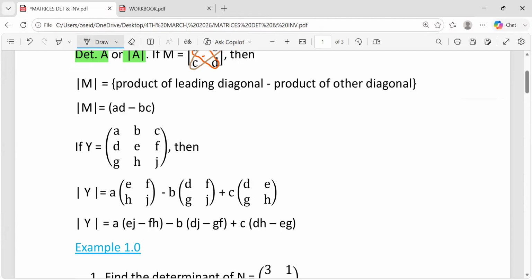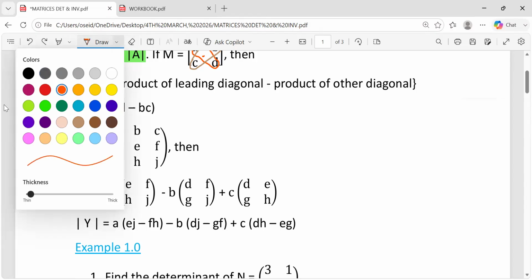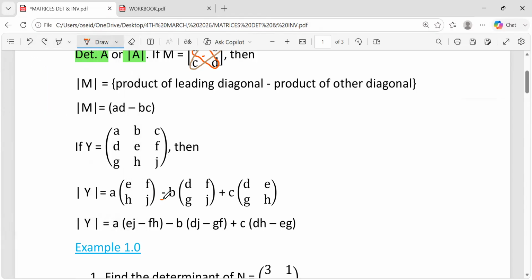If you've paid attention, you could see that there are some operational signs inserted in the equation. We have a minus here, then an addition here. Why?